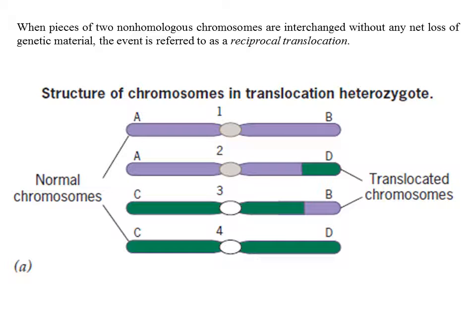Green segment is given to the blue chromosome and blue segment is given to the green chromosome. Such type of rearrangement is called translocation. And translocations are quite common during crossing over.